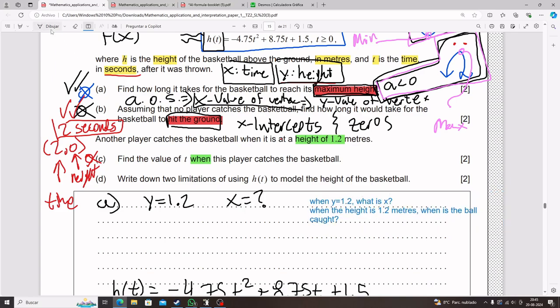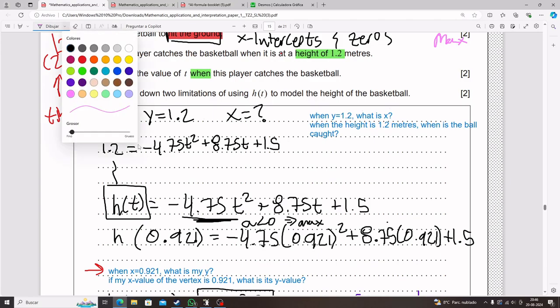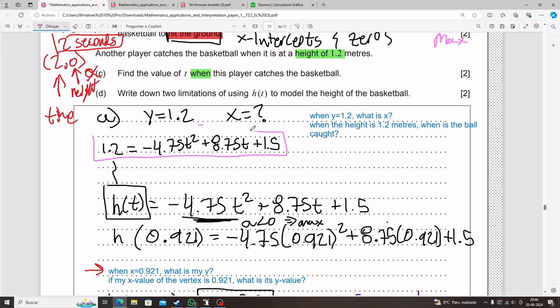See? So if y equals 1.2, that means this whole thing is 1.2, and x is what you're trying to find. See? So this that I'm putting now in pink is what I need to solve. See? So not that complicated.